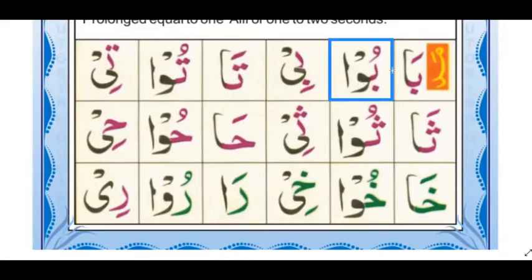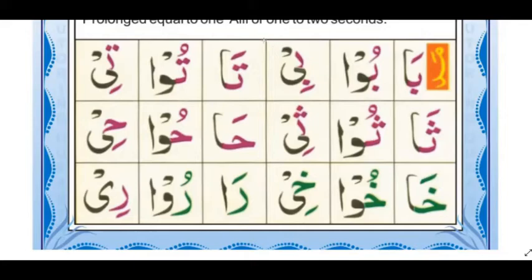We'll join the two letters and read them with the sign of the first letter. So that will be ba waw dhamma bu.